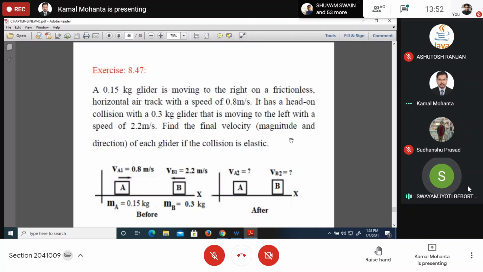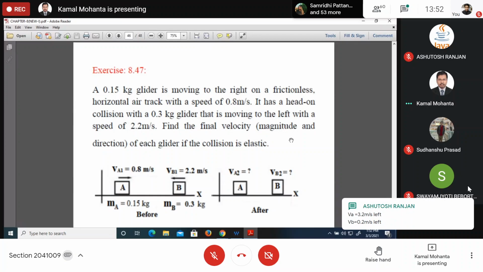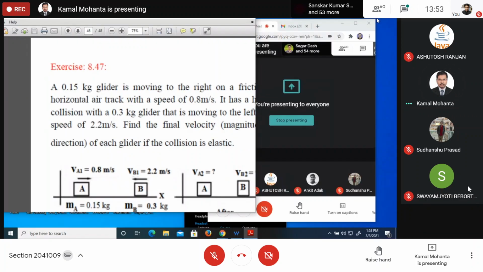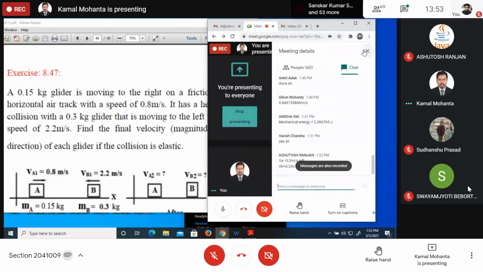Sir, minus 1.2 meter per second. For each glider. Asutosh has got VA equal to 3.2 meter per second, direction is left. VB is 0.2 meter per second, left.